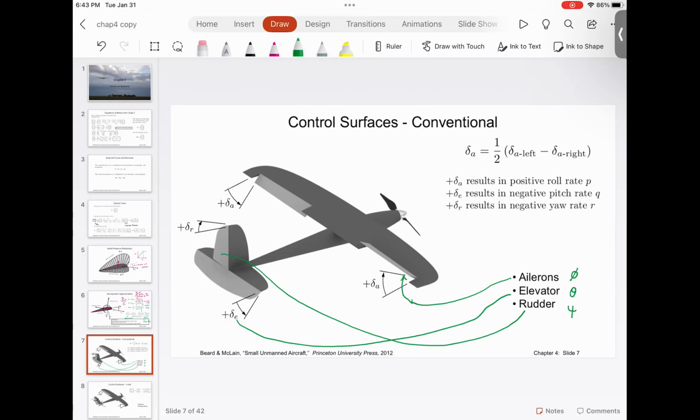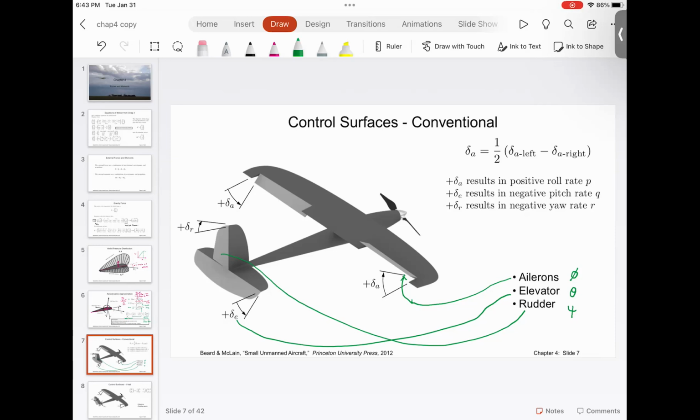You can have the motor and the propeller in the back, and that is called the pusher configuration. There are advantages and disadvantages for each configuration, but at the end of the day, whether it's a puller or pusher configuration, it is going to generate thrust onto the aircraft.